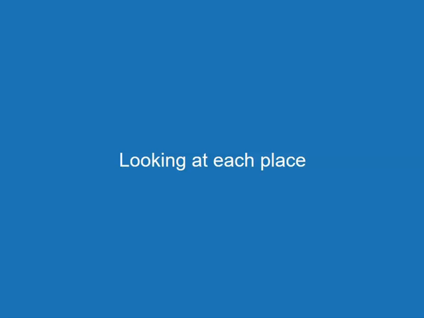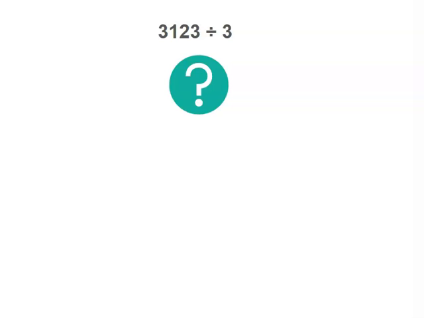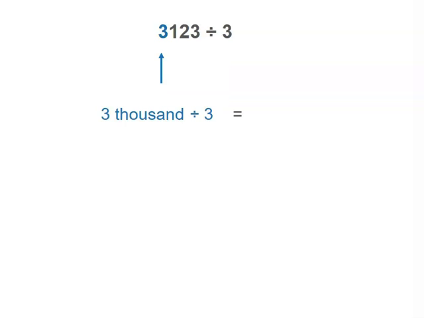In this next example, we're going to look at each place in our number. So imagine 3,123 divided by 3. How might we solve that? Well, let's look at each digit. Our first digit is in the thousands place, so that's 3,000 divided by 3.